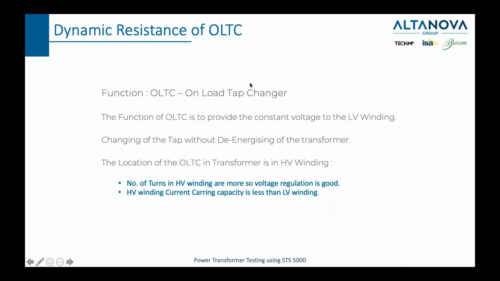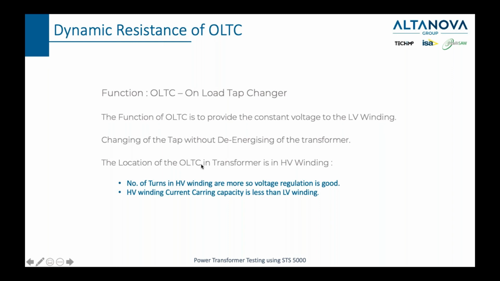The function of the on-load tap changer is to provide a constant voltage to the low voltage winding, and the goal is changing the tap without de-energizing the transformer. You cannot just interrupt current while the transformer is working, because that would lead to a disaster.